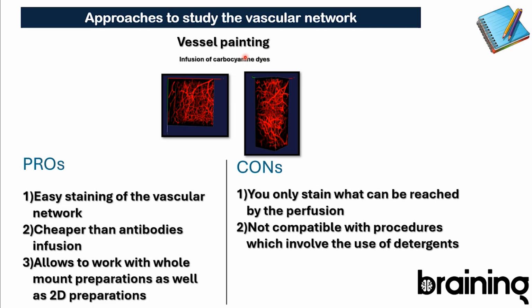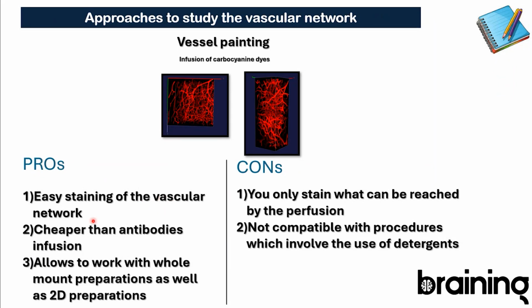During the perfusion, the dye will label the membranes in the full vasculature, and eventually when you sacrifice the animal and you get the tissue, you will be able to visualize the full network. So it's easy to stain the vascular network, because as far as you reach all the tissues and the vessels through perfusion, the dye will be there.